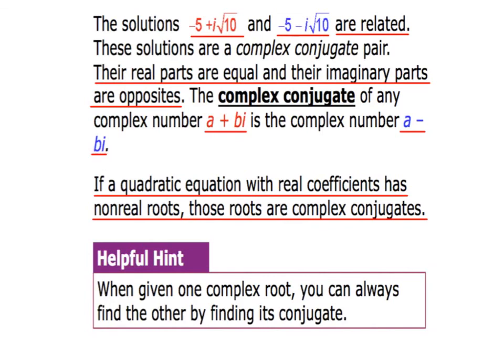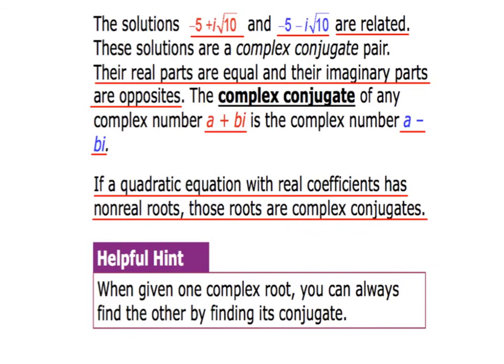So this leads us to this statement. If a quadratic equation with real coefficients has non-real roots, then those roots will always be complex conjugates of each other. Let me say that again. If a quadratic equation with real coefficients has non-real roots, then those roots are called complex conjugates.